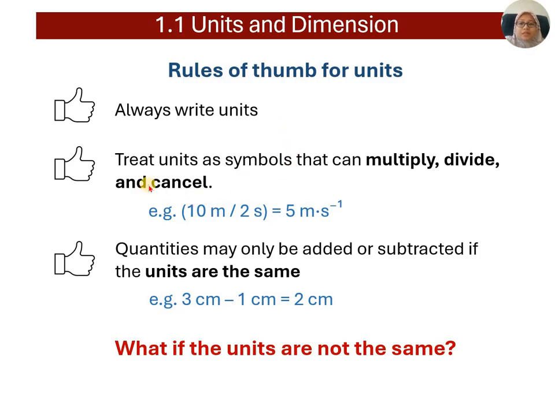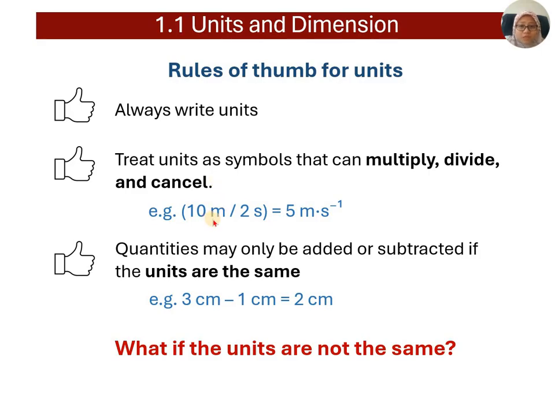Secondly, you have to treat units as symbols that can multiply, divide, and cancel. I believe you are familiar with symbols in maths, such as x, y, t, and s. You are already familiar with multiplying, dividing, and canceling them out.